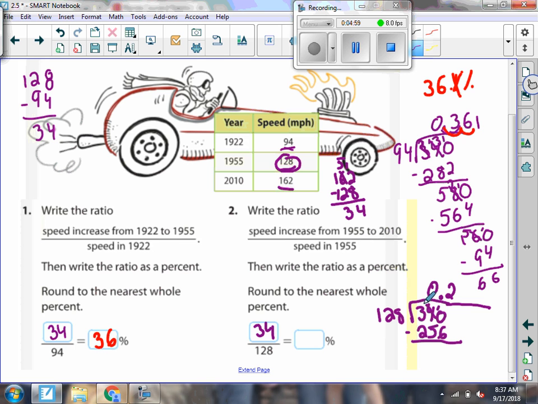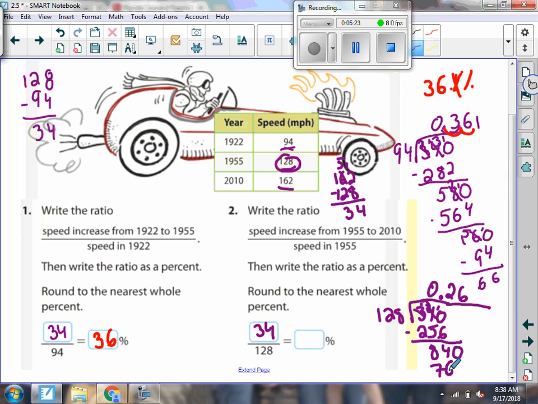So I carry my 1. 10 minus 6 is 4. Got to carry my ones again. 13 minus 5 is 8. Okay, and that's 2 minus 2, which is 0. I'm going to add another 0. 128 goes into 840 6 times.